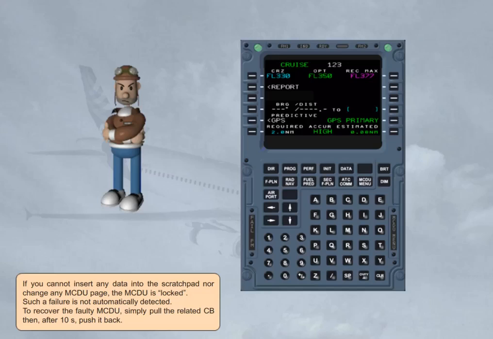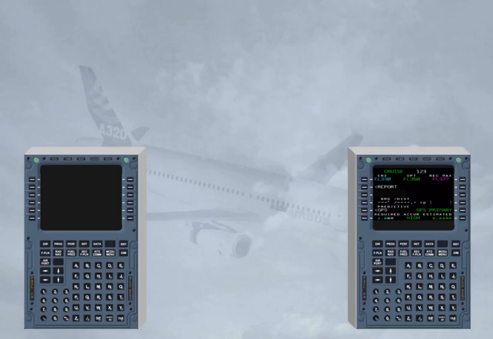The same procedure would apply in case of a MCDU failure indicated by the amber annunciator FAIL on the MCDU itself. You can try to recover the faulty MCDU by simply pulling the related circuit breaker, then, after 10 seconds, pushing it back.